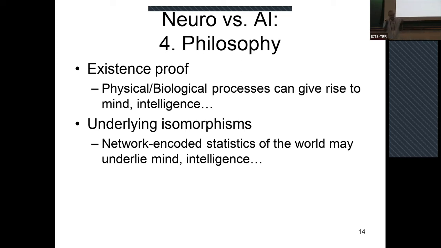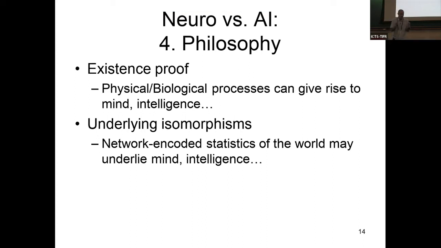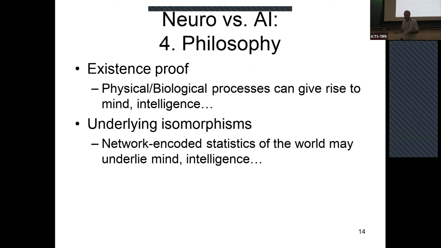I think that somewhere deep down, the way in which both the brain and neural networks encode the statistics of the world and then use them to extract hypotheses and generate ideas, I think this is a very, very important core similarity between these fields. And I think a lot has to be learned from that.